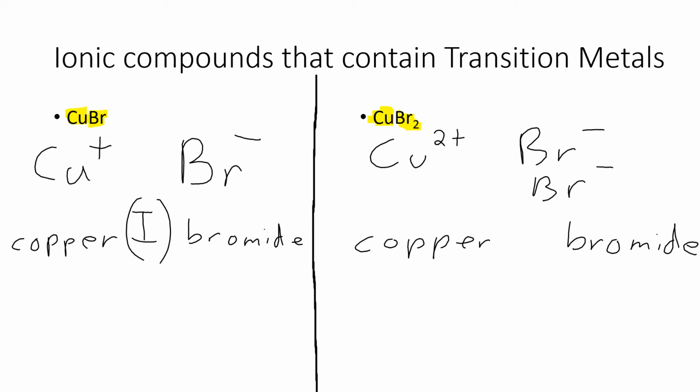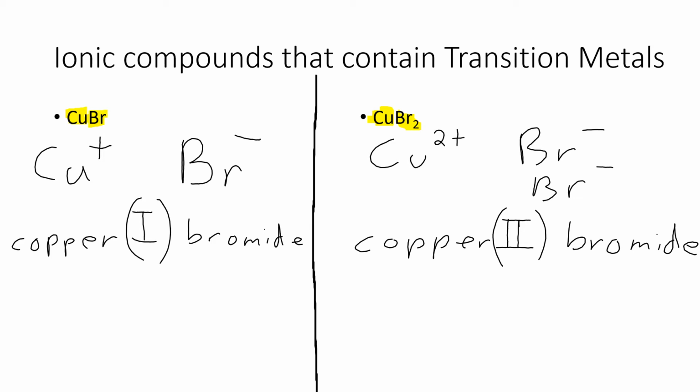If I look at the compound on the right, what charge does that copper have? That copper has a charge of +2. So I'm going to use the Roman numeral 2 in order to indicate that. Using the Roman numerals gives us a way now to differentiate one from the other. Now we can clearly say which one we're referring to.